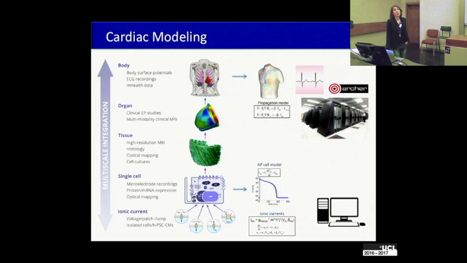So we work in cardiac modeling. We use multi-scale integration. We go from ionic currents through single cell, tissue, organ, going to body level, computing the electrophysiology at the body surface level, and ending with the simulation of the electrocardiogram.